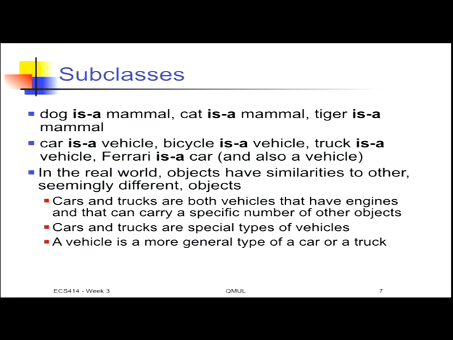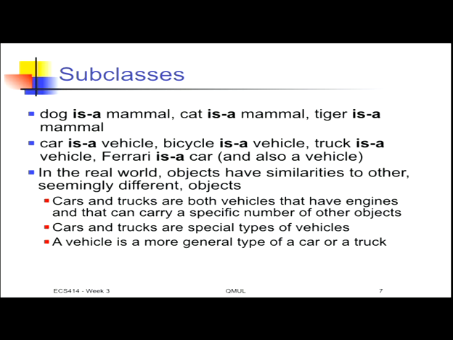Similar for when we think of car and vehicle. Vehicle is a more general concept than car because there are vehicles that are not cars. For example, trucks, bicycles, ships. So this is a relationship that we establish between more general concepts and more particular concepts.